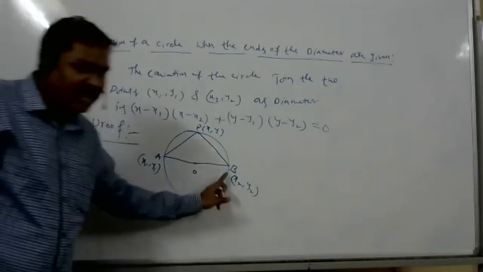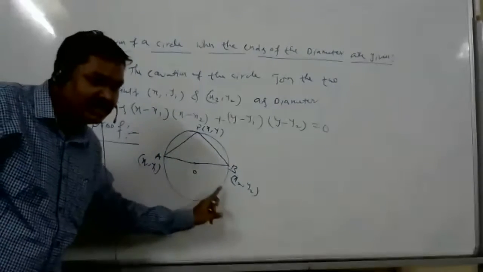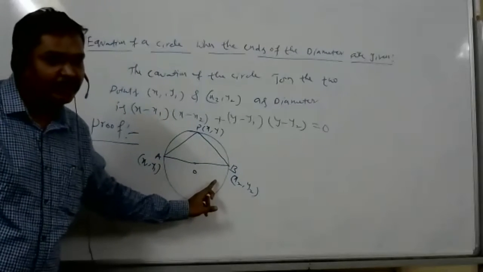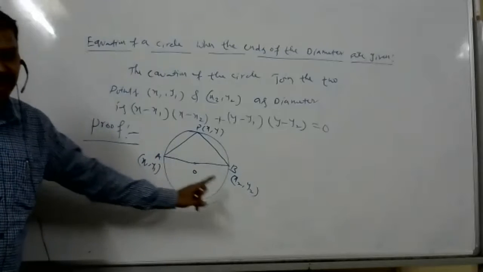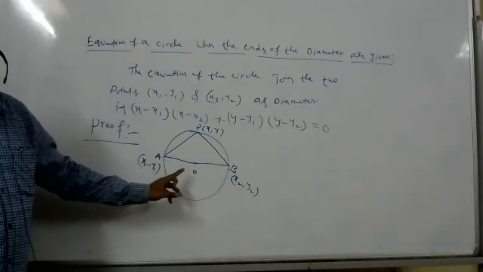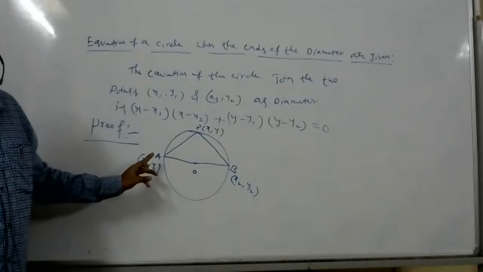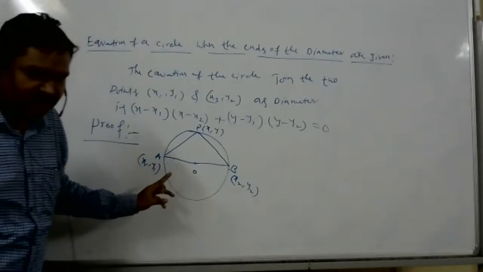Then AB is called ends of the diameter or extremities of a diameter.